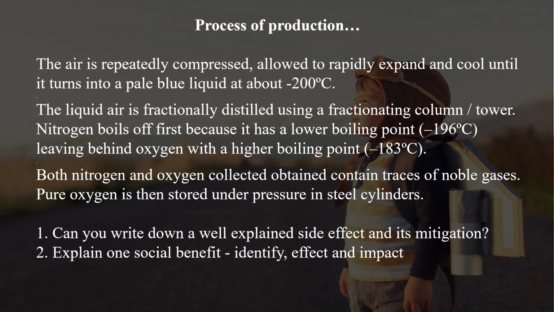But for all the learners, one common side effect for all industrial processes is pollution. So it can only be mitigated depending on the type of the pollution that is occurring there. It might be pollution from the gases, it might be sound pollution or noise.